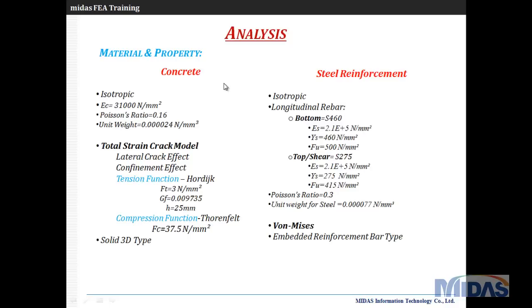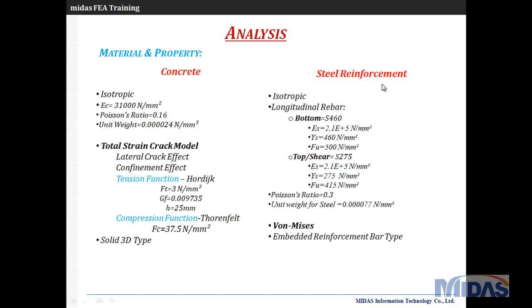The properties associated with concrete and steel are listed here. The main thing to be discussed here is the total strain crack model, which is mainly considered to simulate the crack propagation. The basic idea or the major concepts to be understood are lateral crack effect, confinement effect, some properties regarding the tension stiffening and tension softening, and some compression hardening and softening curve.